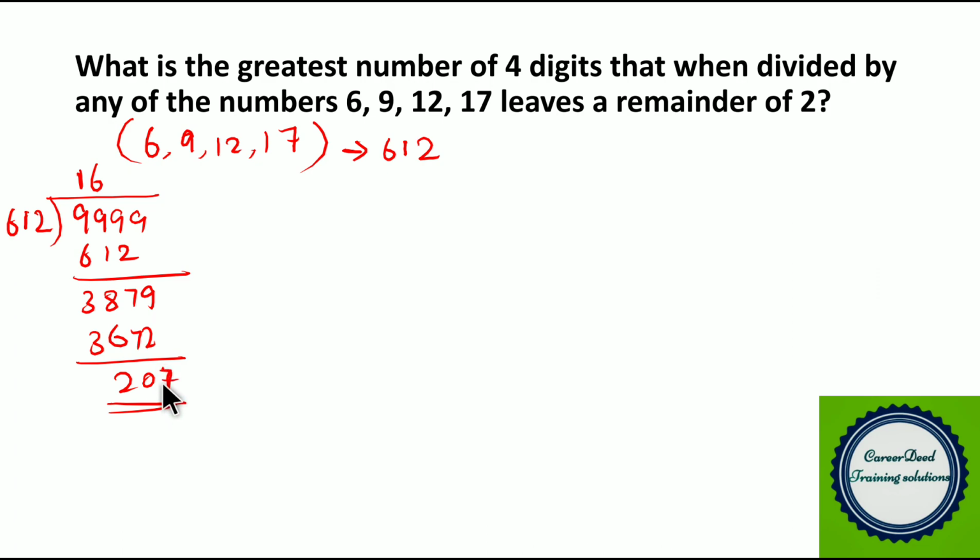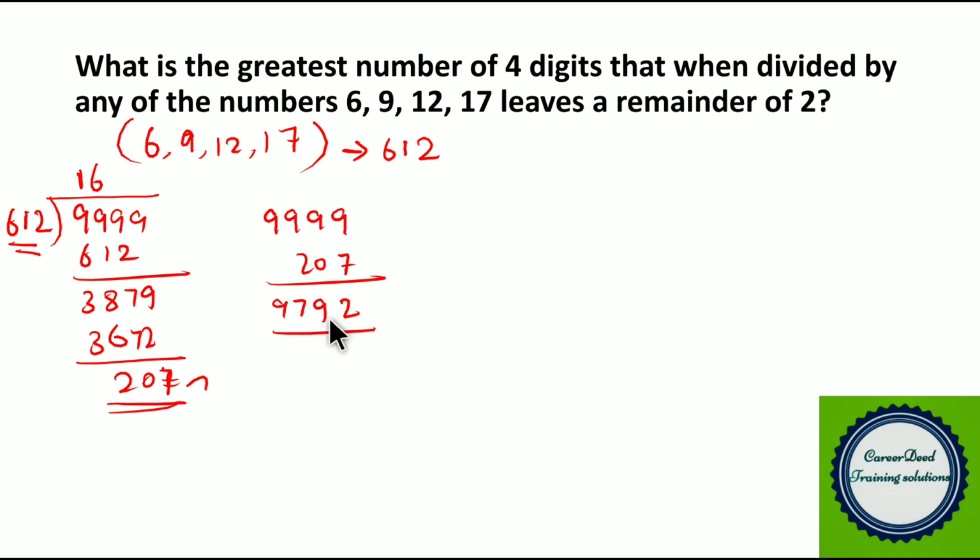Because of this 207, this 9999 is not perfectly divisible by 612. So subtract this 207 from 9999. We get 9792. Okay, now this 9792 is the greatest 4 digit number that is perfectly divisible by 612. It will not give any remainder.